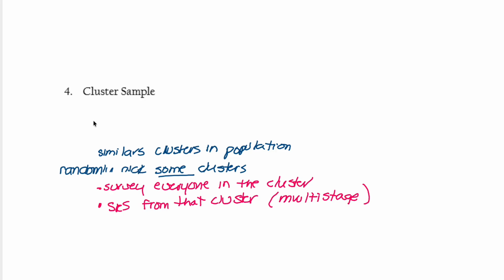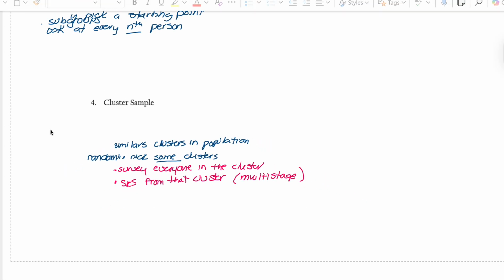Because each of the clusters shares some similarities, if that similarity is just the characteristic we want to examine, then it doesn't matter which clusters we pick. We can just randomly pick some clusters and survey everyone in the cluster. Basically, we're doing a simple random sample from that cluster using a multi-stage method. So that's the main idea behind cluster sample.